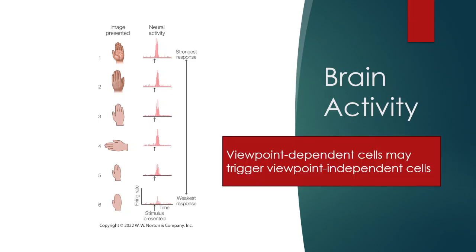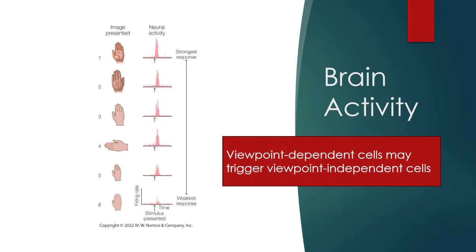So viewpoint-dependent cells, it might be the case that they send a message to the cells that are viewpoint independent, and that maybe they share information. That's one of the important parts of this McClelland-Rumelhart theory, that idea that you can share information across the same level.